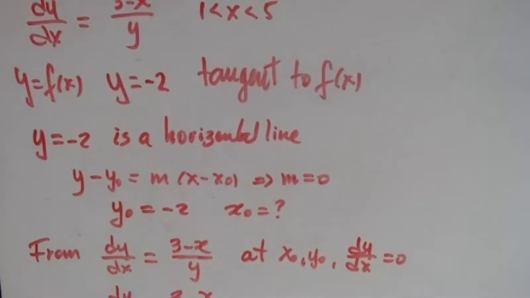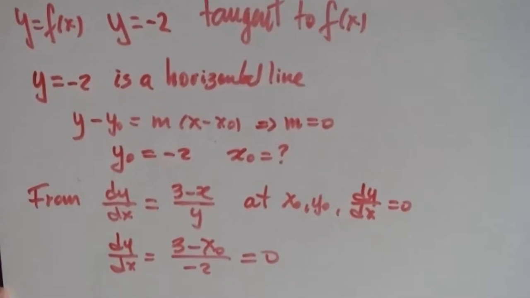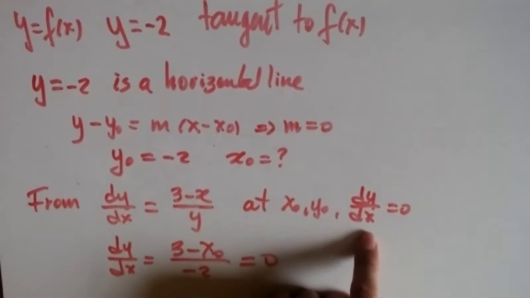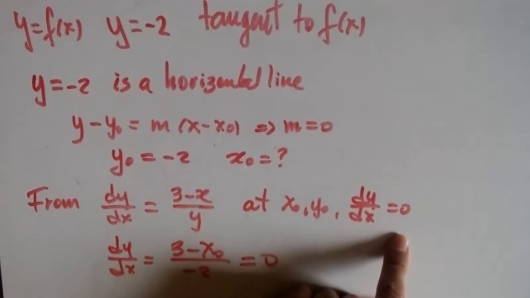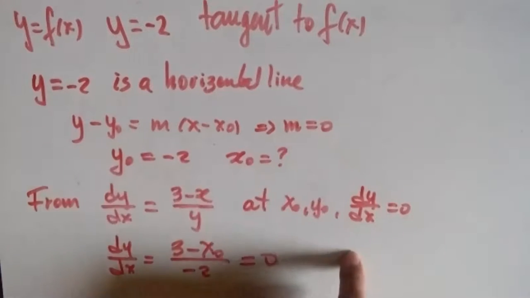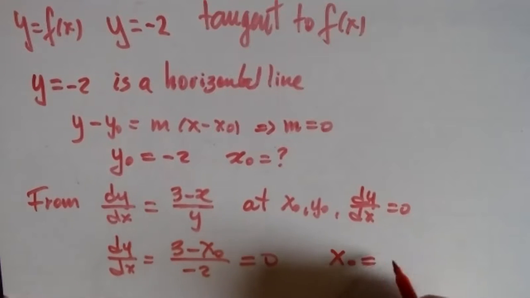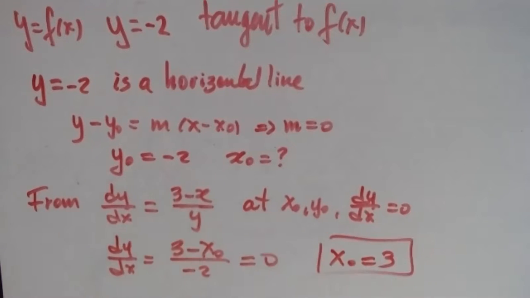So who's x0? The differential equation has to be horizontal there, dy/dx equals 0 because that's the m, right? So (3 - x0)/(-2) equals 0. So easily x0 equals 3, correct?